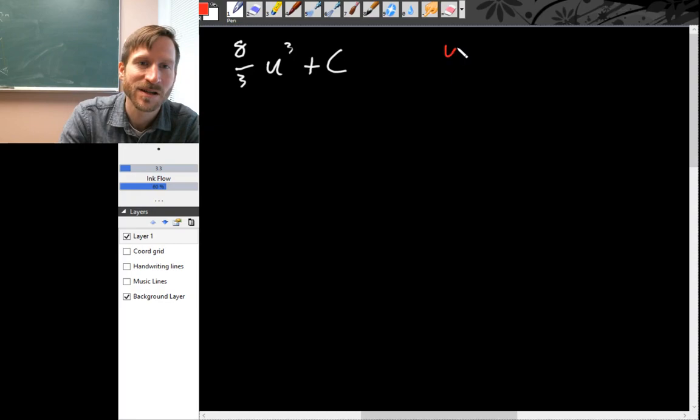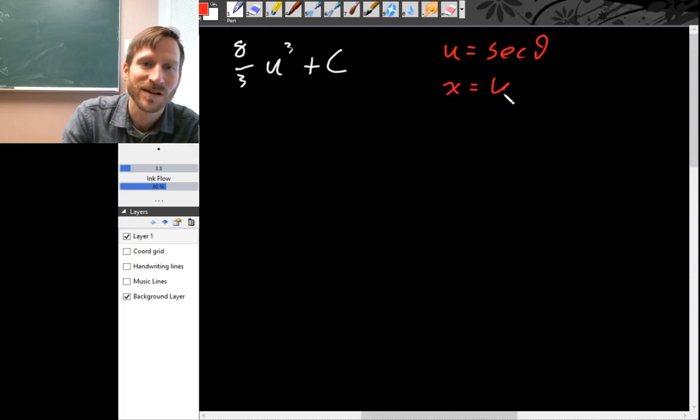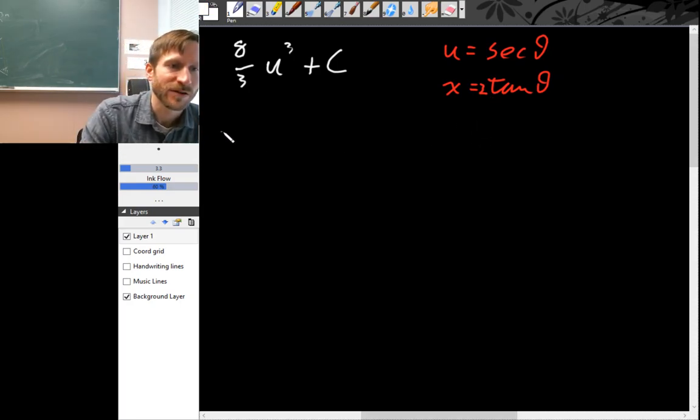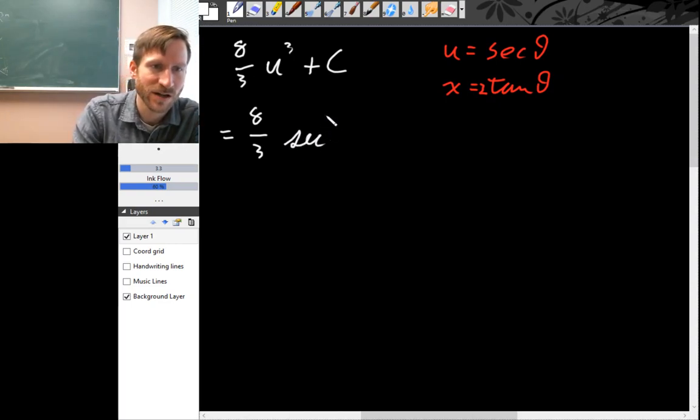On the one hand, u was secant theta, and on the other hand, x was 2 times tangent theta. Okay, so 8/3 times u is secant, so secant cubed theta plus c.